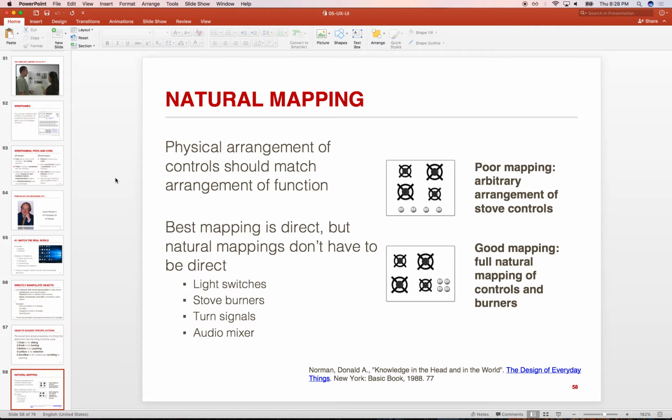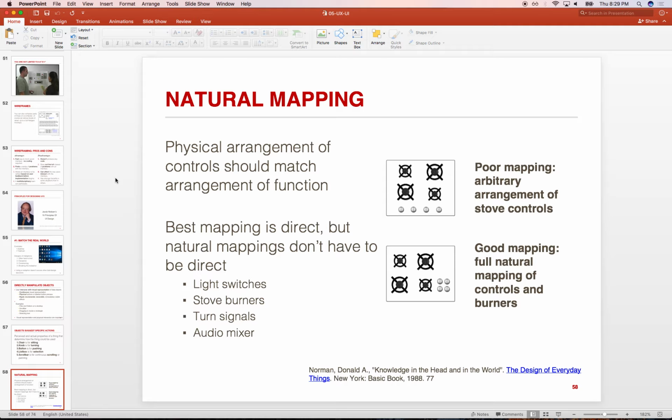Some other natural mappings. Certainly, we want to make sure that when we lay out aspects of the interface, we're not overloading the user with having to calculate and reason about what it means. If you have four knobs across the horizontal, it is not clear which knob maps to which burner.